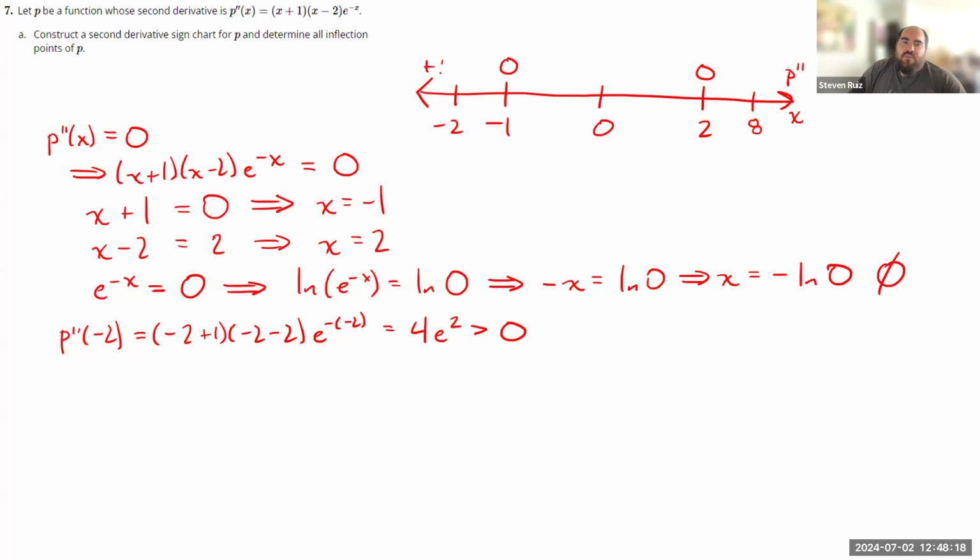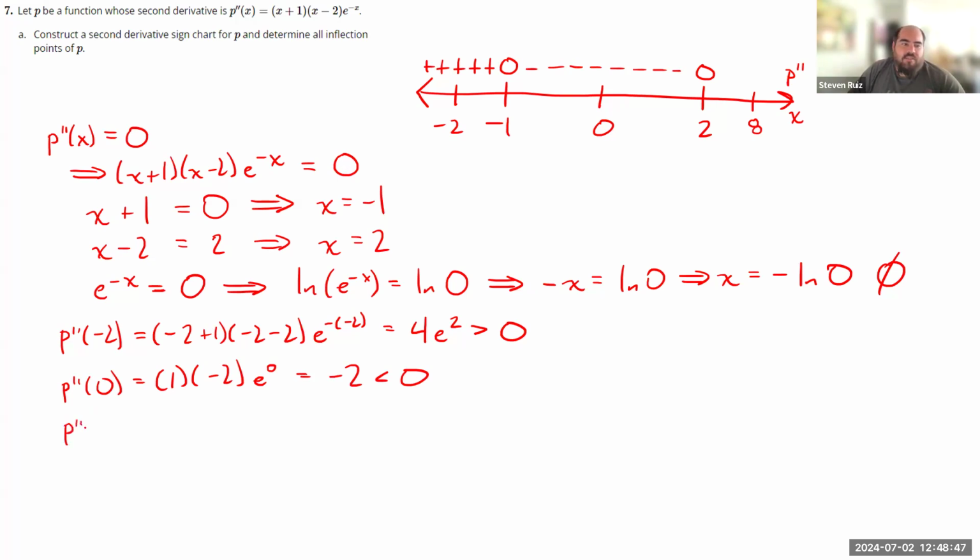So that tells me everywhere to the left of x = -1, I have a positive value for the second derivative. Now, what about p''(0)? That comes out to be 1 times -2 times e^0. So that comes out to be -2, which is a negative number. So I have negative values all in here. So the second derivative is negative everywhere there.